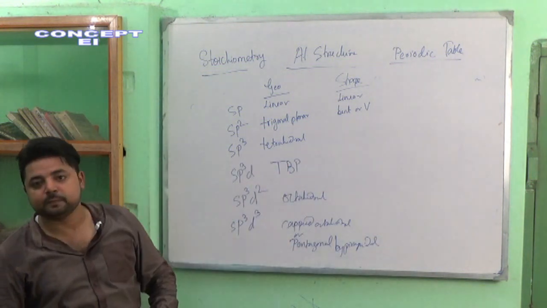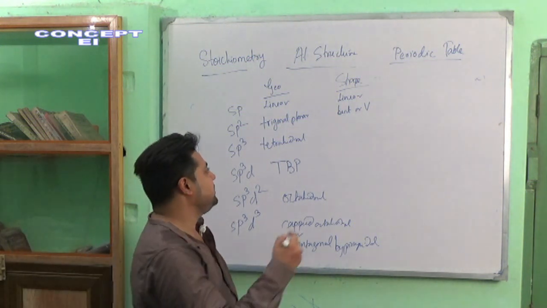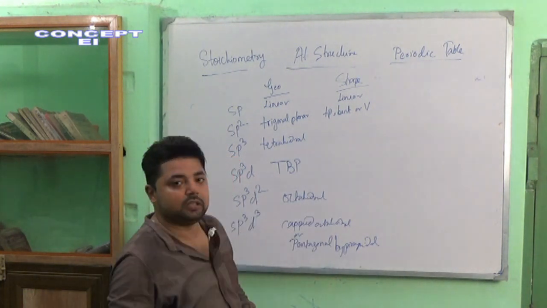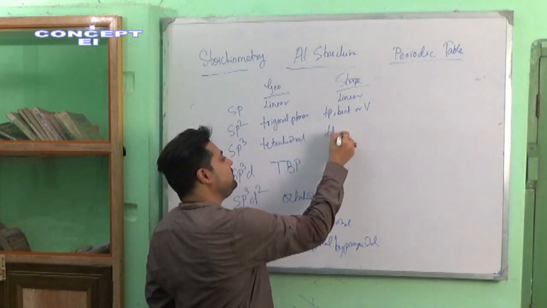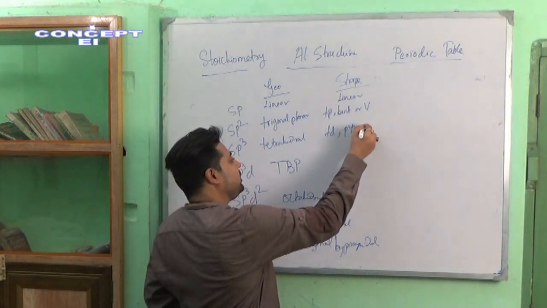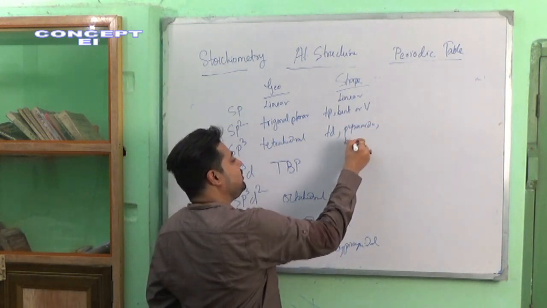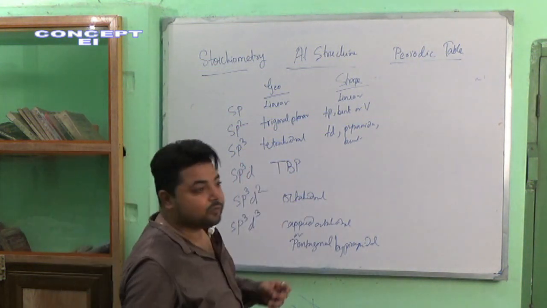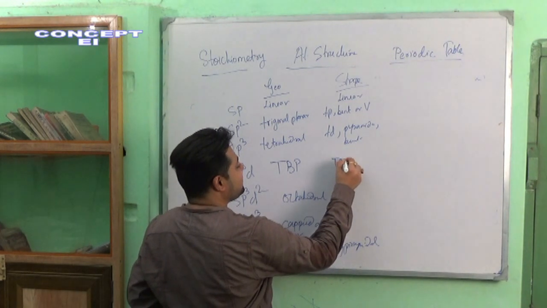Now tetrahedral geometry, the shape can be tetrahedral. It can also be trigonal planar, okay, trigonal planar, bent or V. Tetrahedral, then pyramidal, okay, then bent. Trigonal bipyramidal geometry will have trigonal bipyramidal shape.